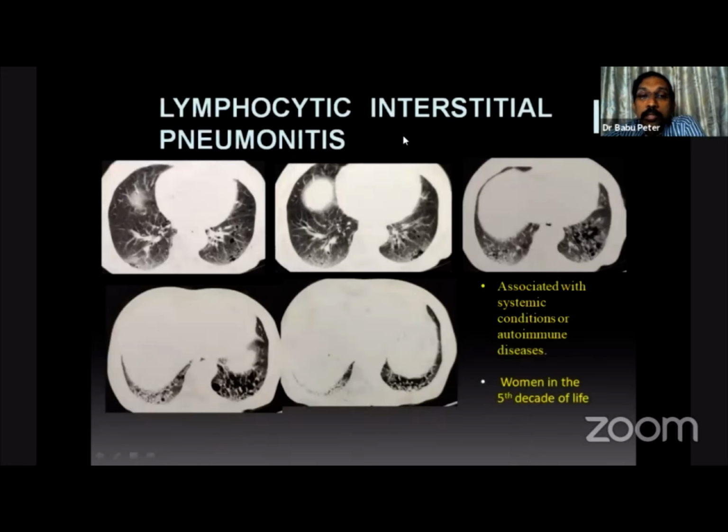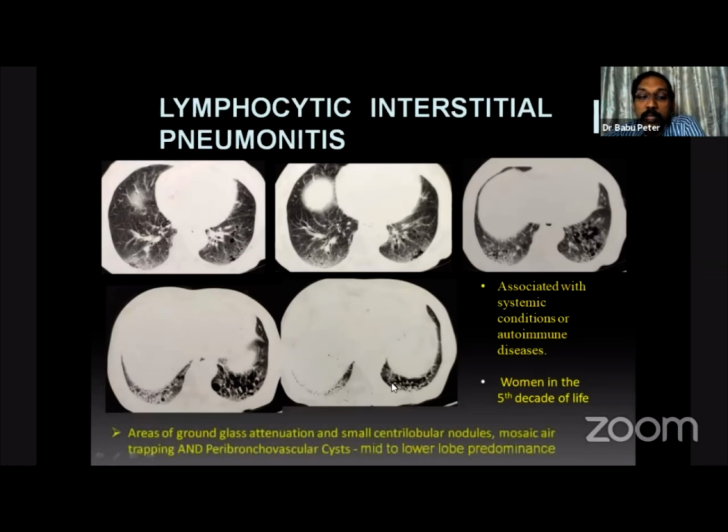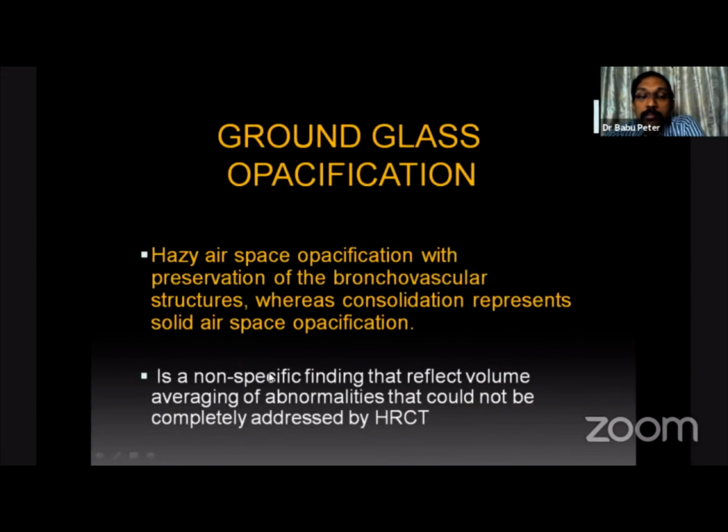In lymphocytic interstitial pneumonia, typically there is a basal, again middle or lower lung predominance. It can be seen associated with systemic or autoimmune conditions, typically in women in the 5th decade. There may be patchy ground glassing with centrilobular nodules and air trapping with a mid to lower lobe predominance.